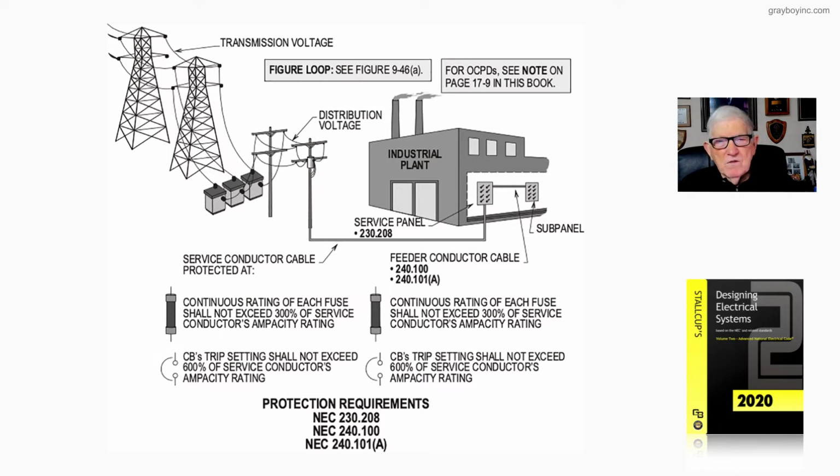So these service conductors and the cable should be protected at what value? Continuous rating of each fuse shall not exceed 300% of the service conductor's ampacity rating. Now that's using fuses that we select from 490.21B as in boy in the code.